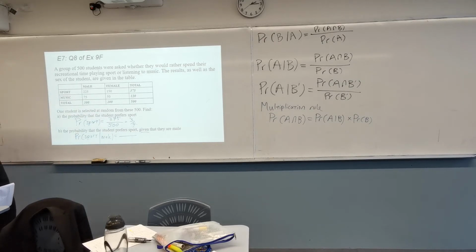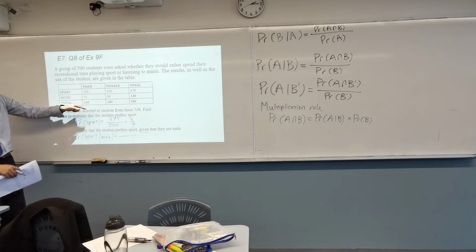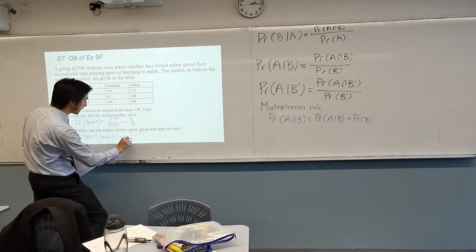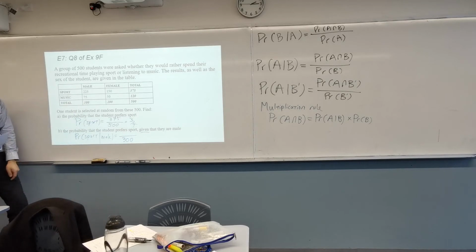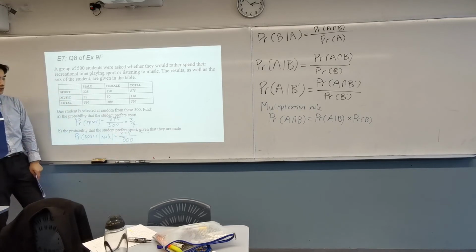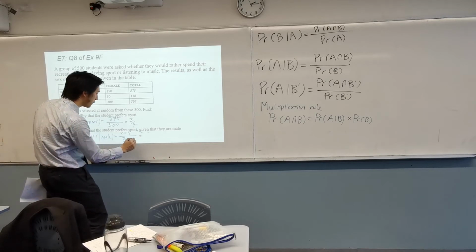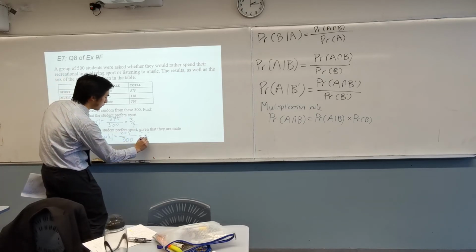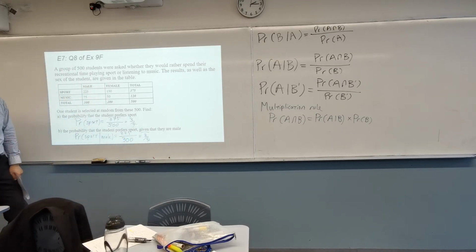How many males are there? 300. Yeah, 300. We've reduced our sample space, and out of those 300 students, I know that 225 do prefer sport. Okay, and if you simplify that, and if you can identify that 75 is a common factor, then the fraction also turns out to be 3/4.